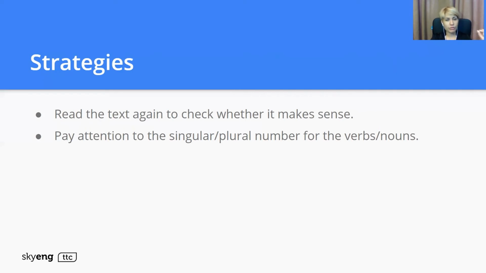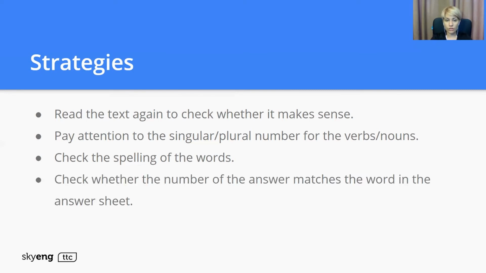That's what we're talking about, the grammar form. And we check the spelling of the words, of course, because it is really important to spell the words right. And we, again, check whether the number of the answer matches the word in the answer sheet. Just total checking.